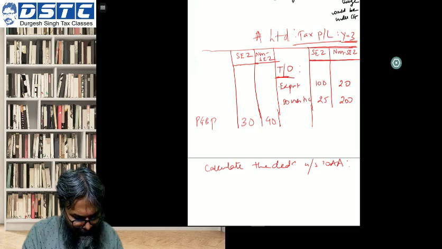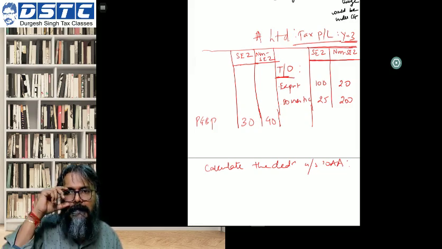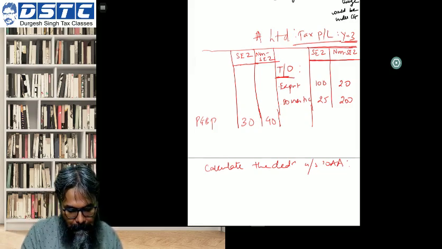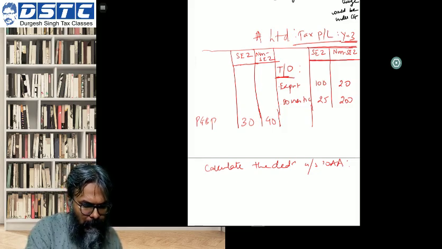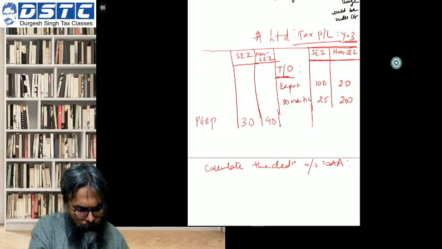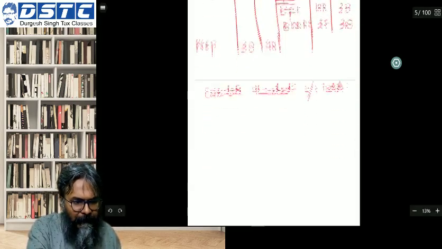Last 1 minute. Chandana also got the same answer. DSB also same answer. Priya. So I think more or less students are getting the same answer. I need to calculate because I also don't know, so obviously I also need to calculate the same.